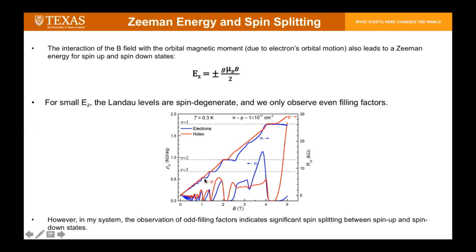But the fact that I was able to observe these odd numbered Landau levels, nu equals 3 and maybe also nu equals 5, that just means that I had a significant amount of spin splitting between them. So my Landau levels were not spin degenerate, and I had quite a significant amount of Zeeman splitting in my system.